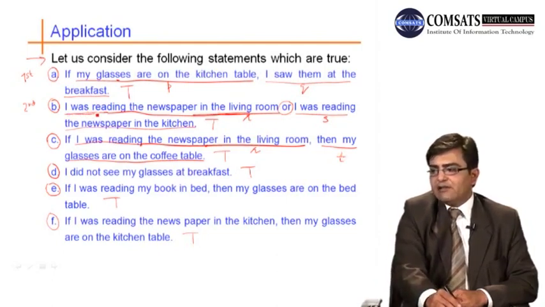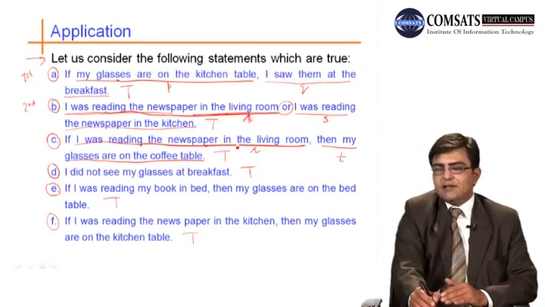I was reading the newspaper in the living room, we named this proposition R. So if a proposition is repeated in the argument, we keep the same notation of the propositional variable.